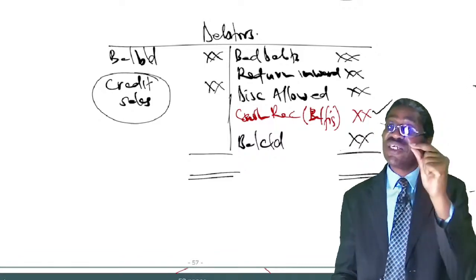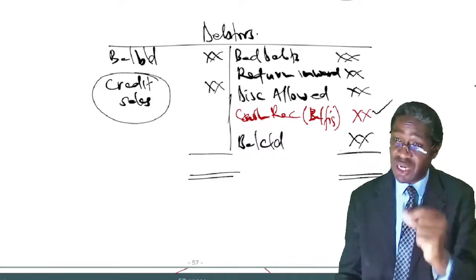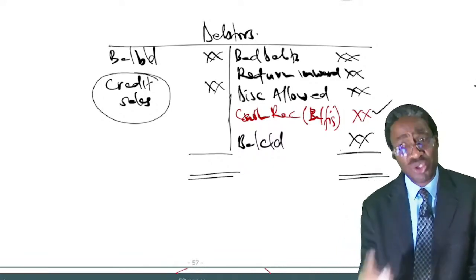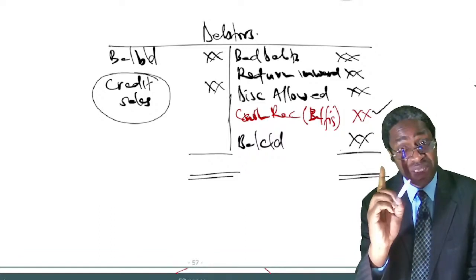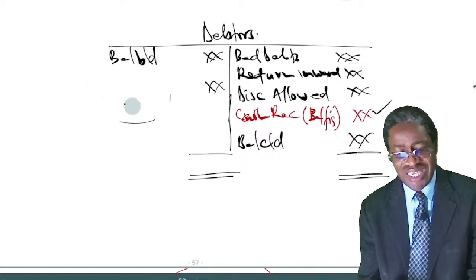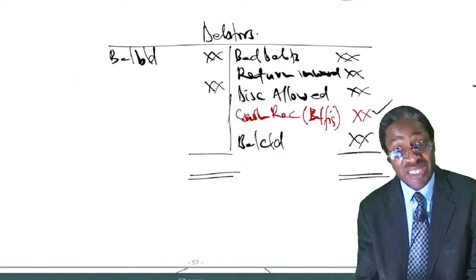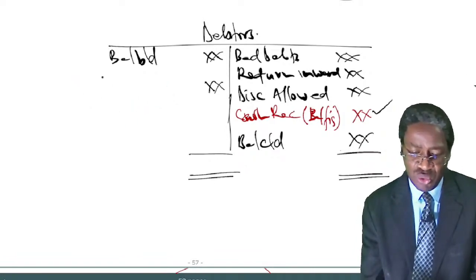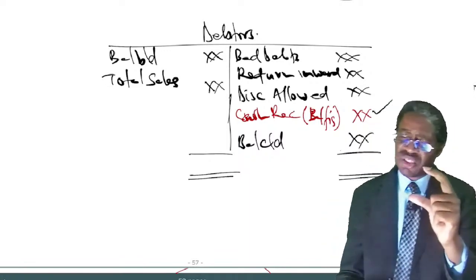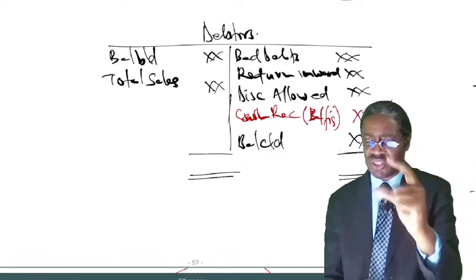But because we are determining the cash received from customers, then for cash flow purposes we normally don't use the credit sales alone. Instead, we use the total sales. Meaning, go to your income statement and pick the total sales.